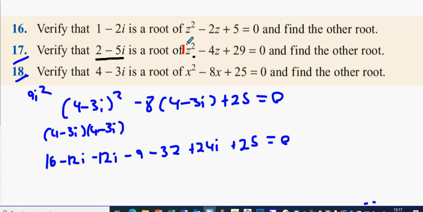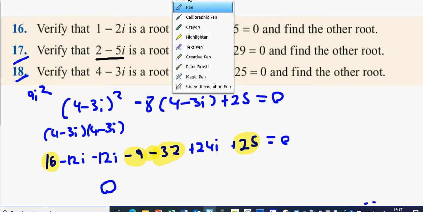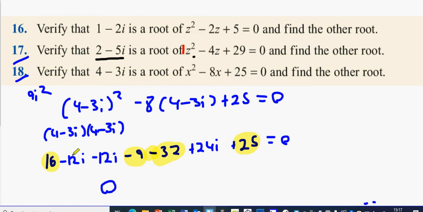Then in your calculator, you throw in 16 minus 9 minus 32 and plus 25, and you'll figure out that part turns into 0. Then you throw in minus 12 minus 12 plus 24, and that's also 0. So you'll end up with 0 plus 0i on the left, which is equal to 0 on the right.